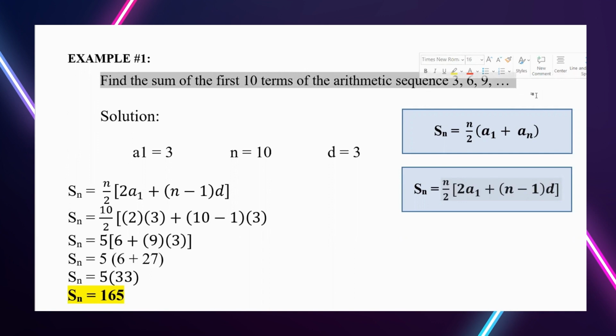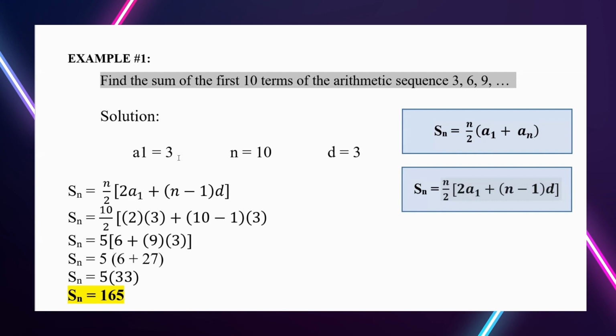Kung titignan natin ang sequence, hindi ibinigay kung ano ang last term of the sequence. Pero ibinigay kung ilang terms meron ang sequence natin. So, una natin gagawin, i-identify muna natin kung ano ang first term, ano ang nth term, ano ang common difference, at ano ang last term.